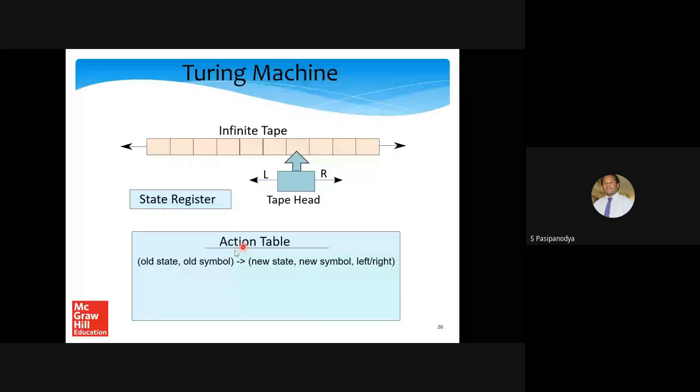So if the head decides to move to the red dot, it means that we have an old state where the head currently is. We have an old symbol that is found within the magnetic tape. And then we have a new state where the head is. That making sense?